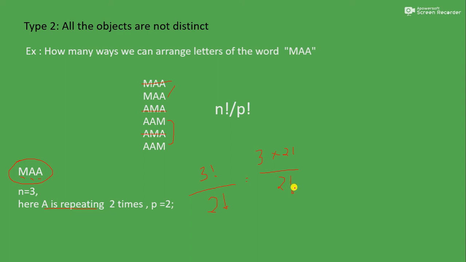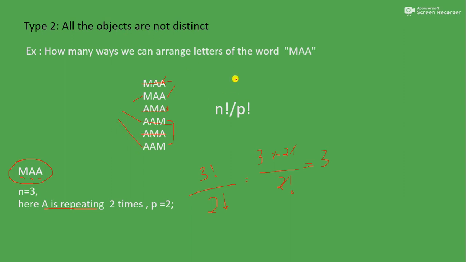The 2 factorial cancels out and our answer is 3. Our answer is 3 because MAA is repeated twice, so we don't need to include it twice, and the others are also repeated, so we can't include them. So the total distinct arrangements are 1, 2 and 3.